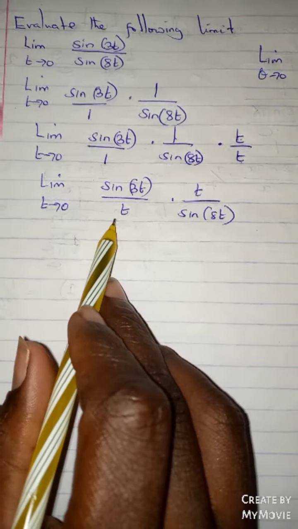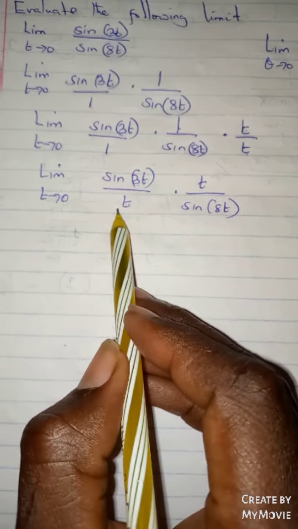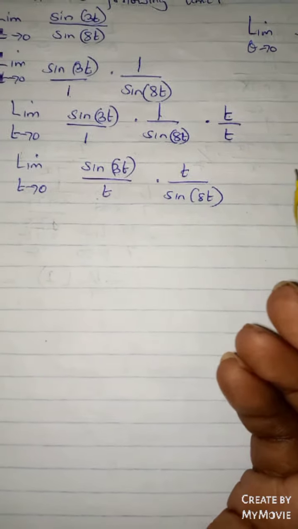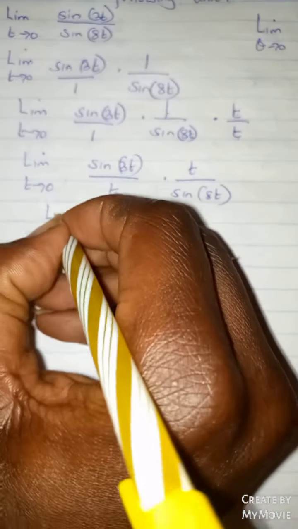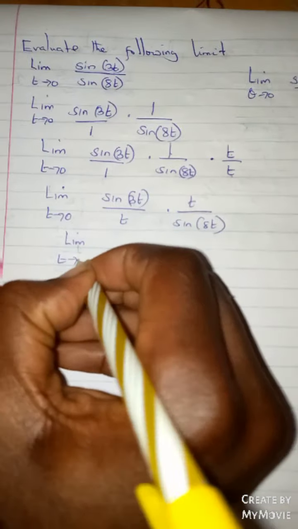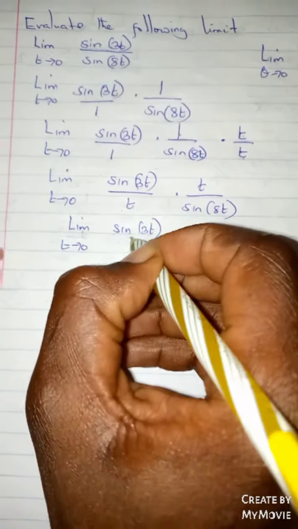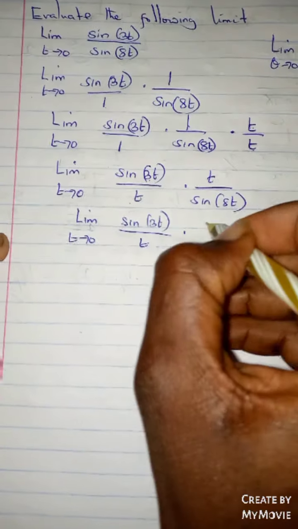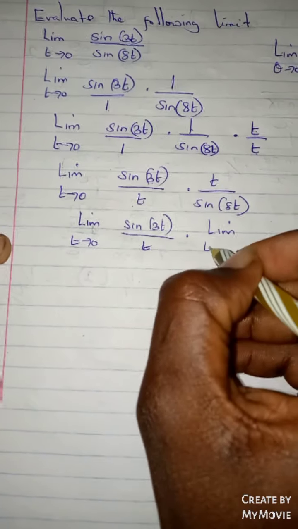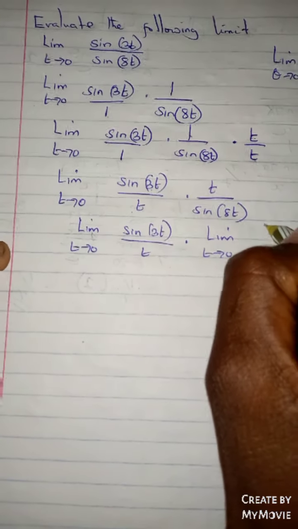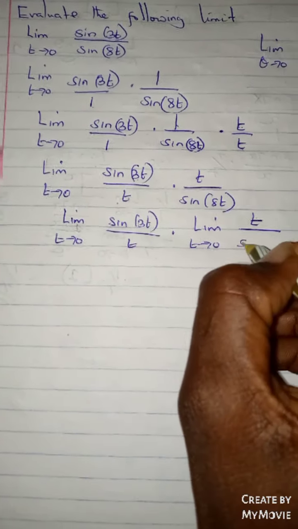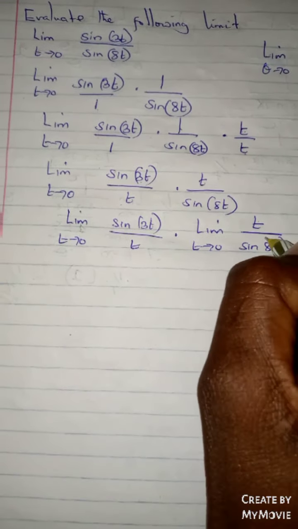After that, then I do manipulation. The other thing that is remaining, this one and this one. So I can separate these two limits into two. The limit as t approaches 0 of the sine of 3t over t, then we multiply by the limit as t approaches 0 of t over sine 8t.